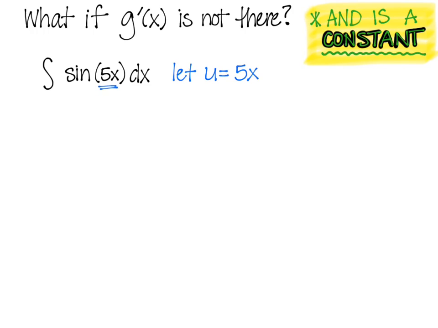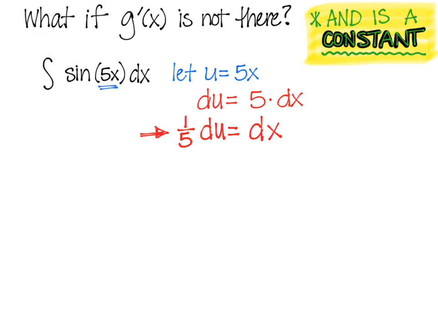If the inner function 5x was u, the derivative of that, du, would be 5 dx. I don't have 5 dx. I only have dx. So what if I were to take this equation here, this du equals 5 dx, dividing it by 5, I get 1/5 du equals dx. So that means wherever I see a dx, like right here, I could replace it with 1/5 du.